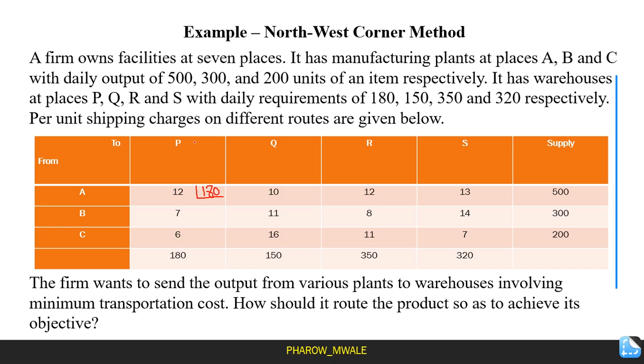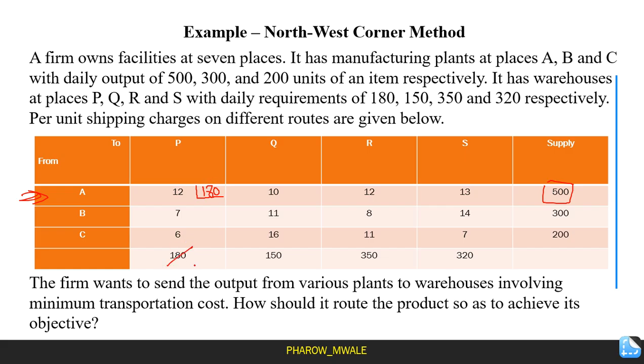Now, since we have satisfied the needs for this warehouse, which demands 180 units, and plant A can produce and supply 500 units, it will supply just 180 units to warehouse P, so that it has been satisfied.